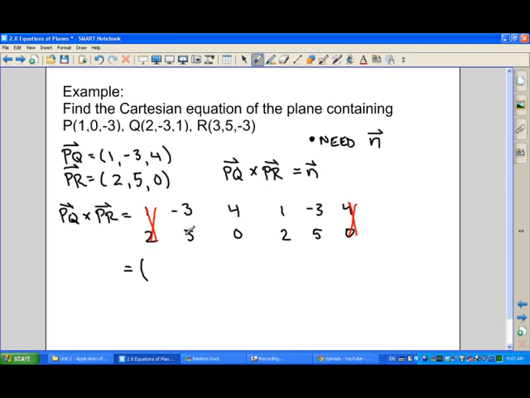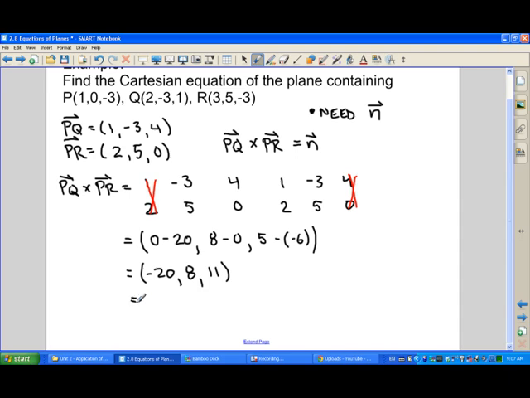So my perpendicular vector will be the vector 0 minus 20, 8 minus 0, and 5 minus negative 6, or the perpendicular vector negative 20, 8, and 11.